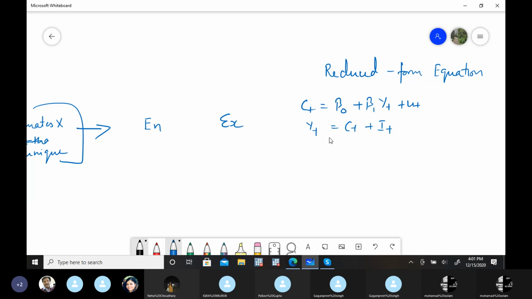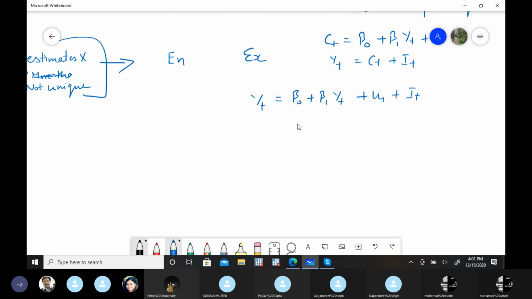Let's suppose I'll put this value of consumption in this particular equation. Yt is equal to beta 0 plus beta 1 yt plus residual plus investment function. Now if I take this dependent variable, we can't have the dependent variable on both sides, so we have to take it to one side.